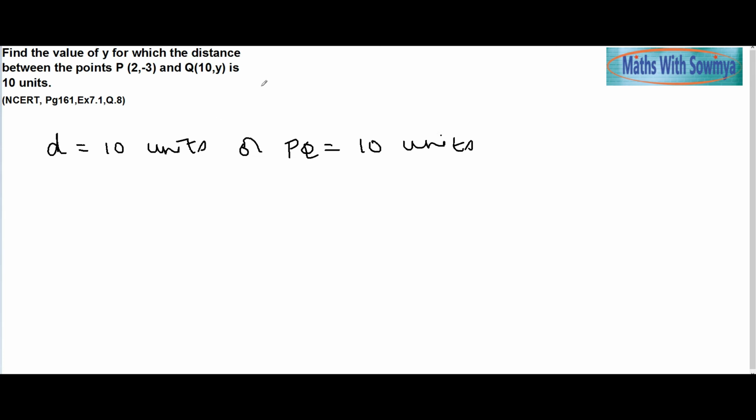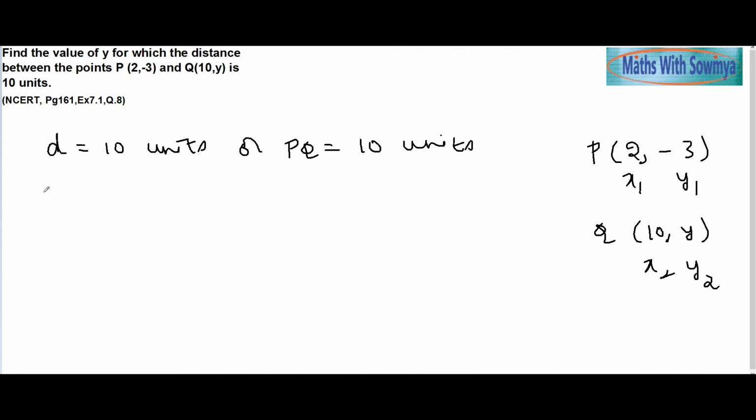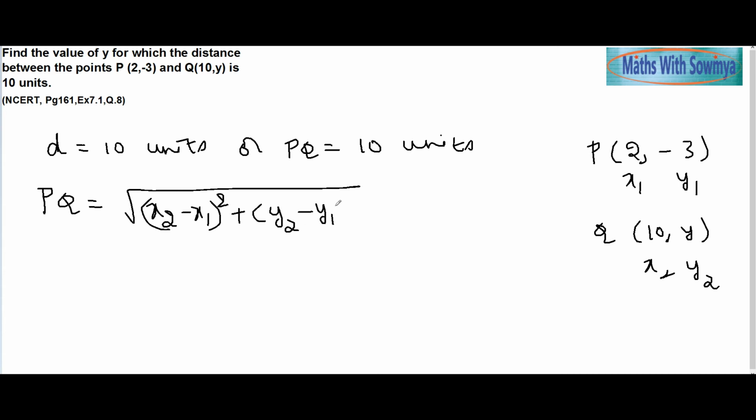And P and Q values are given. P is given to be 2 comma minus 3, call it x1, y1. Q is given to be 10 comma y, call it x2, y2. So what is PQ? We can write the distance formula: square root of x2 minus x1 whole square plus y2 minus y1 whole square. PQ, the distance is given, write 10.